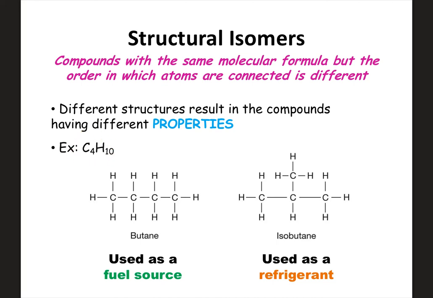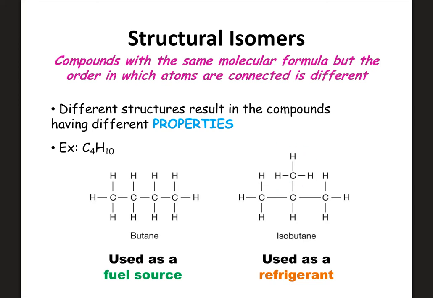C4H10. Well, that's butane. So normal straight chain butane here is just 4 carbons in a row with the correct number of hydrogens attached. Well, that's used as a fuel source. We use it in lighters. But then a slightly different form of butane, isobutane, has the exact same formula, C4H10. But notice we have 3 carbons kind of in a line here, and then the other carbon is attached to the center carbon.